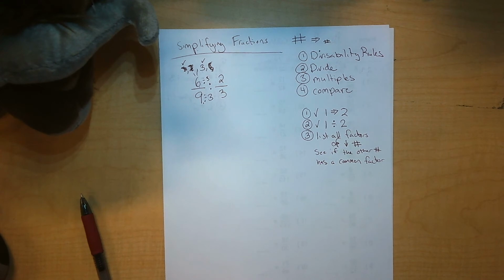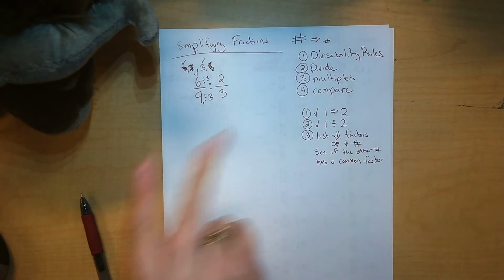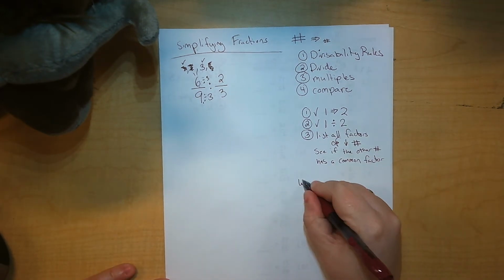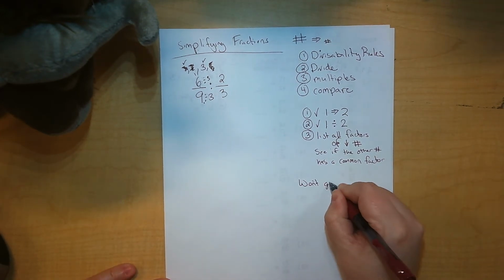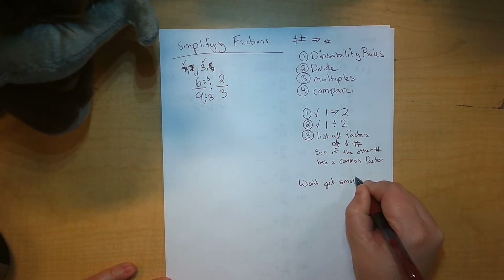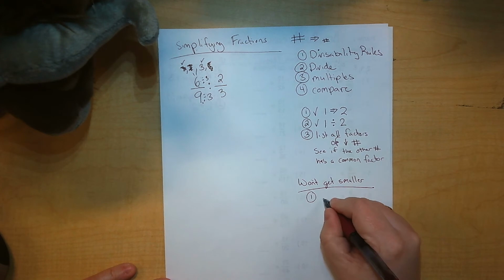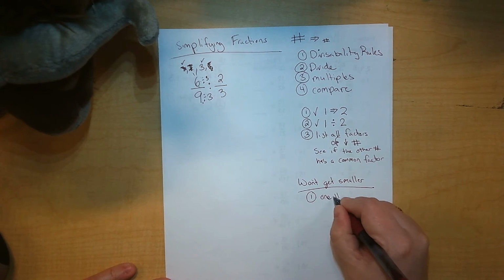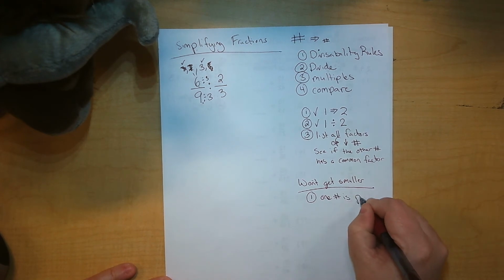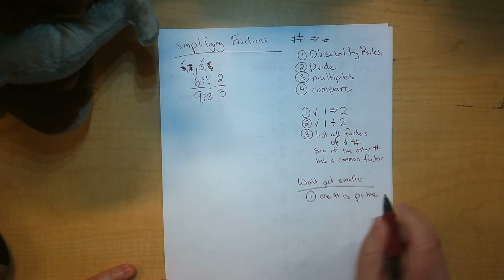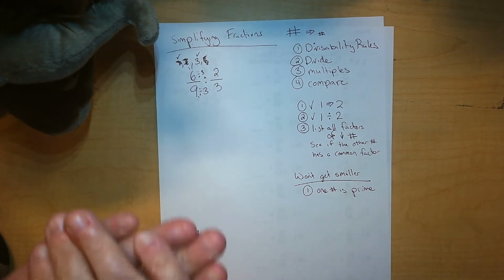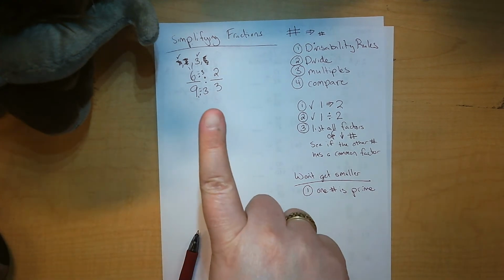When we look at 2/3, we have to figure out, will that get any smaller? And it won't. There are two reasons we know that. One number is prime. Prime means it cannot be divided by anything else except for 1 and itself.